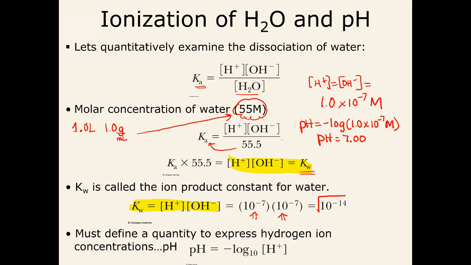And this is a math manipulation, which should remind you of the one we talked about with Ka and pKa. It's just much easier to reference pH as 7 than it is to say that the H plus is 1.0 times 10 to the negative 7. Just one quick thing.